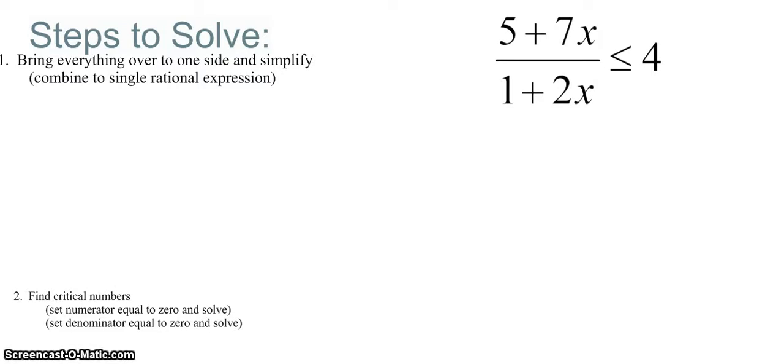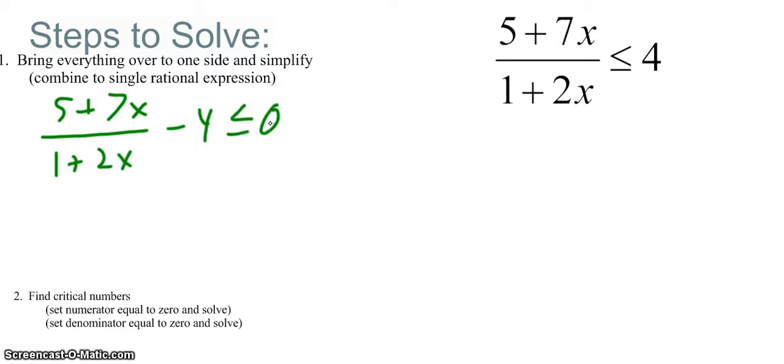So first we want to bring everything over to one side and combine to a single rational expression. So in this case I'm going to make this (5 plus 7x) over (1 plus 2x) minus 4 is less than or equal to 0.